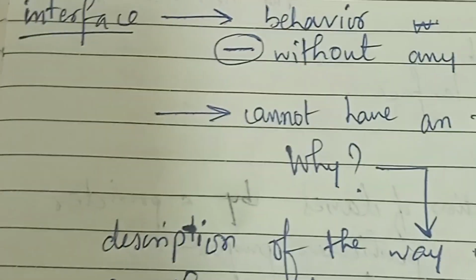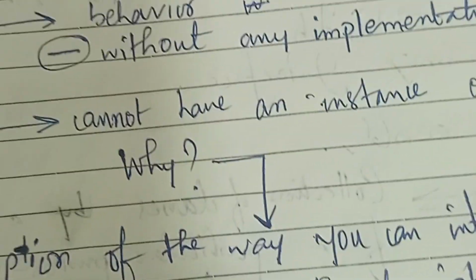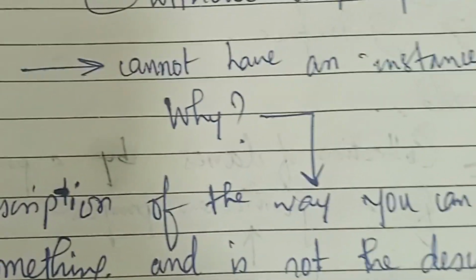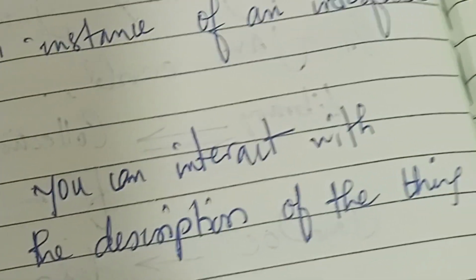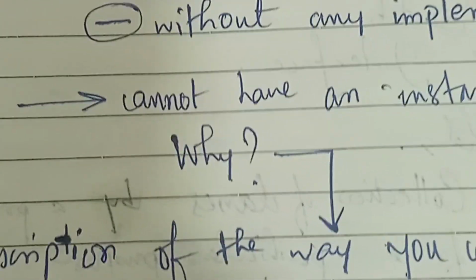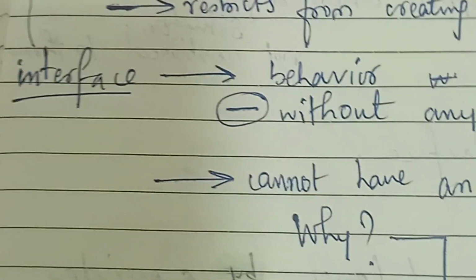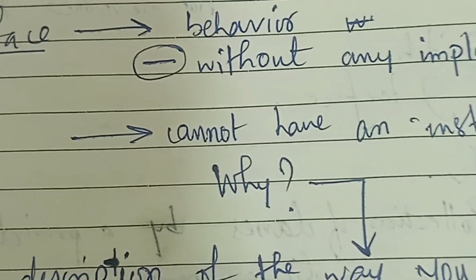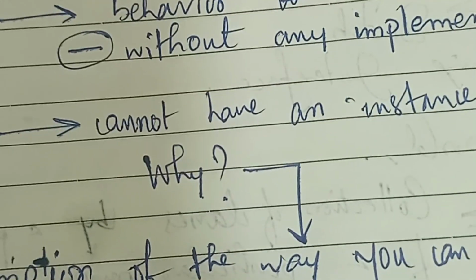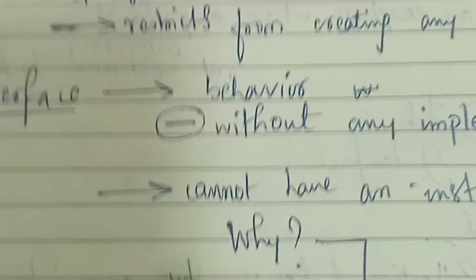Now coming to interface. An interface is behavior without any implementation for it, so we cannot have an instance of an interface. For example, movable is like an interface, because a cat moves, a car moves, and also a stock price moves.